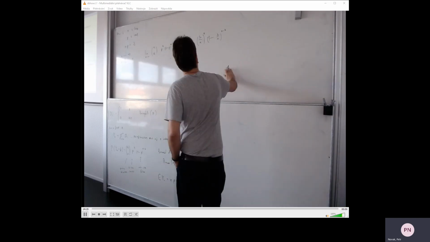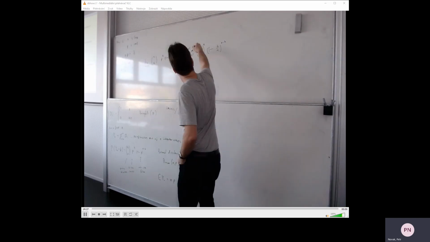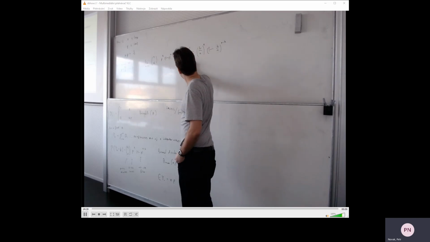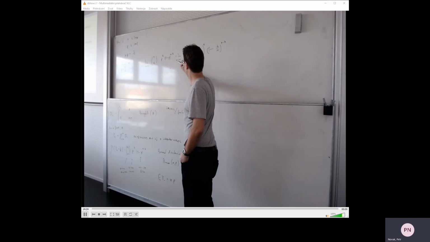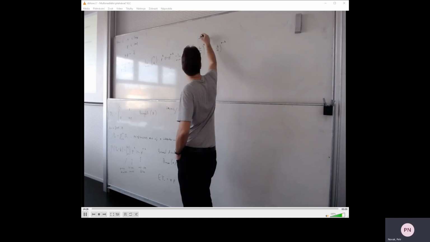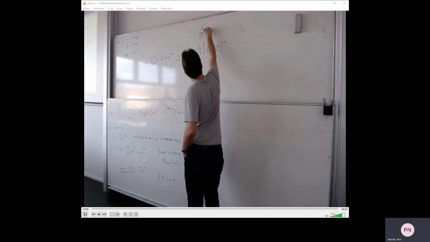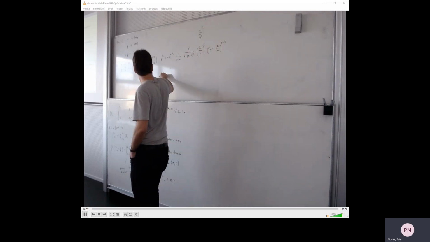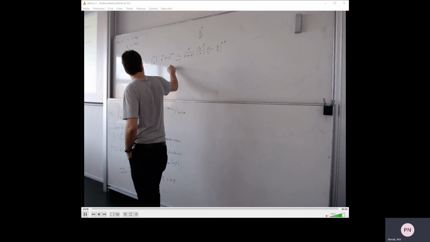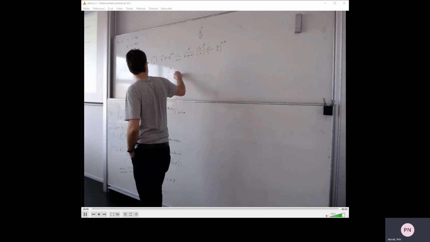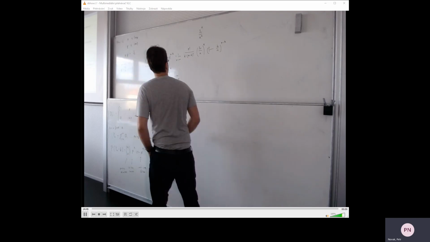Okay, so in the first part we have a k factorial which does not depend on n, so we can shove it outside of the limit. Here we have lambda to the power of k divided by n to the power of k, and lambda to the power of k does not depend on n, so we can also push it out. So we'll get lambda to the power of k over k factorial times the limit of n goes to infinity.